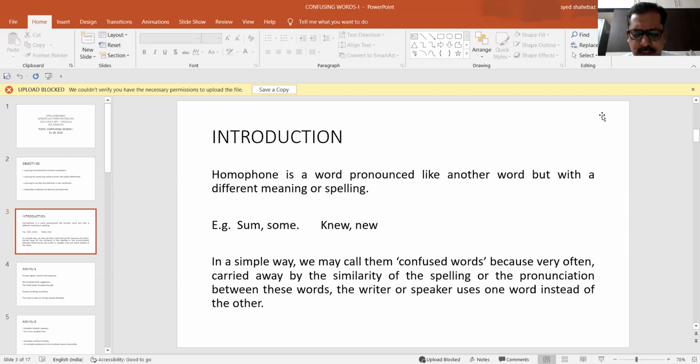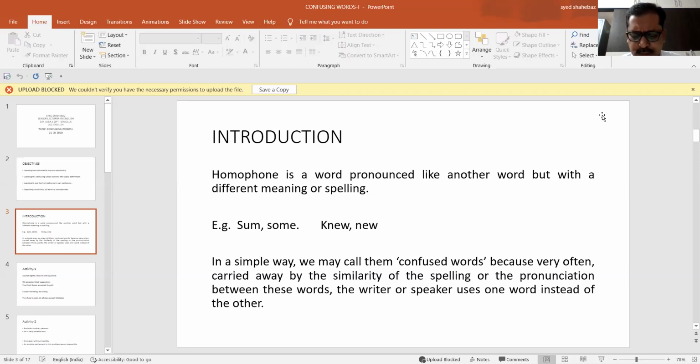You can imagine the confusion that would have resulted from this misunderstanding. So you could imagine the disaster, the misunderstanding caused by a homophone, what would have happened.